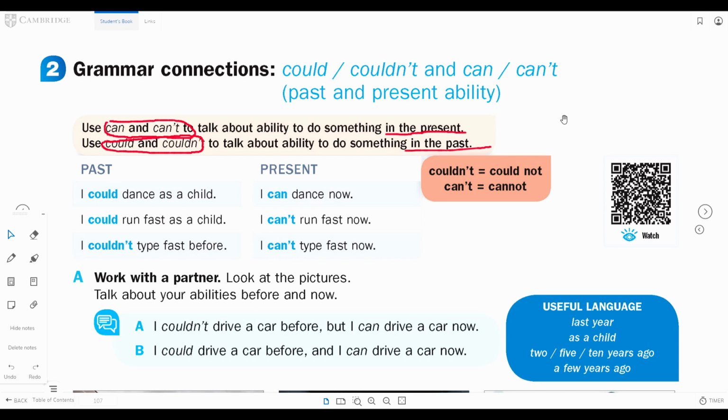Okay, how was it? Easy or difficult? Okay, so now what I want us to do, I want us all to practice a little bit. So we are gonna go to our workbook. Okay, open your workbook.